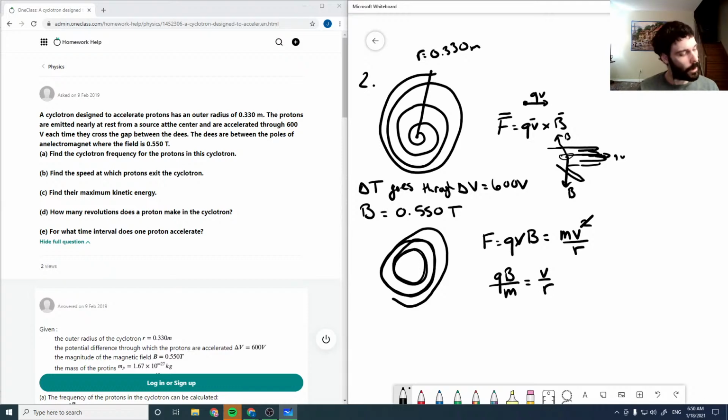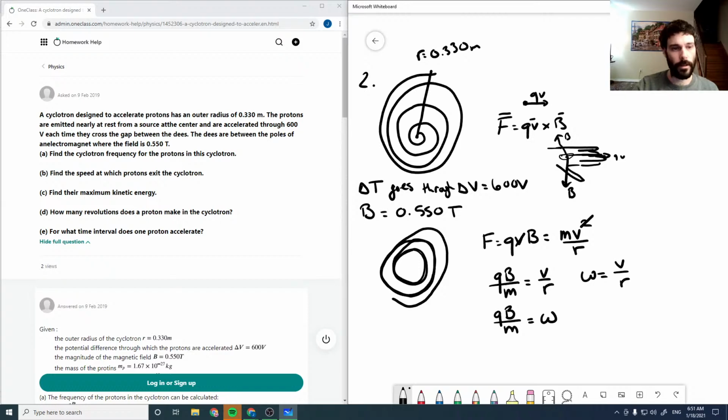And I left the r on this side because our omega is v over r, so that's our angular frequency, or QB over m is equal to omega. So then each period we go through a delta V. Let's just run through the answers to the question.